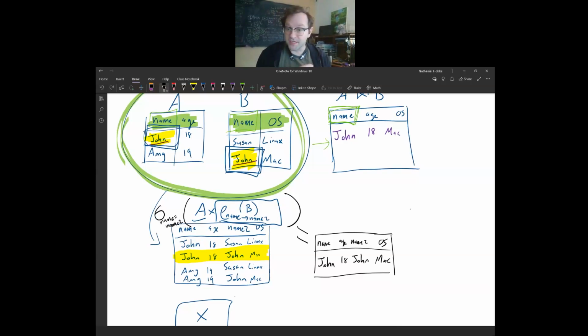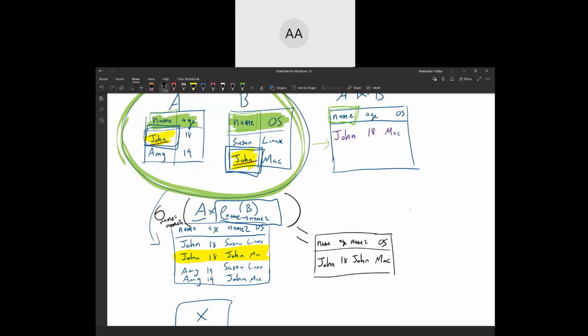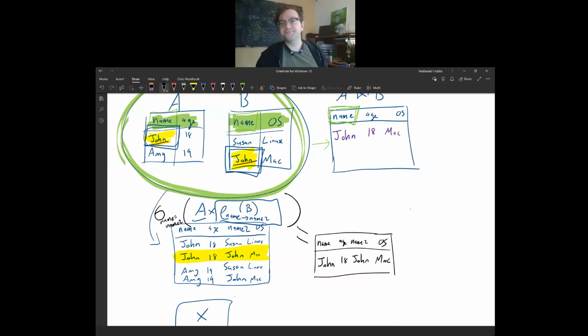The second part is that it does all possible pairings. So everything in A gets matched up with everything from B. And after that, we are interested in those rows that share a common attribute. In this case, it's the name attributes that should match, and so you can do a select. After you cross multiply, you eliminate all of those rows where the names don't match, or otherwise you keep only those ones where they do match. Okay with that? Yeah, that makes sense.